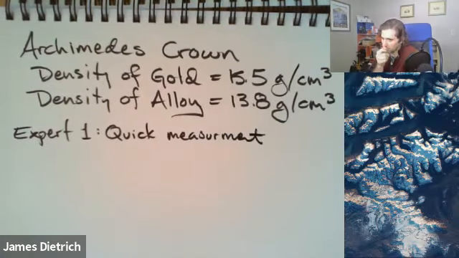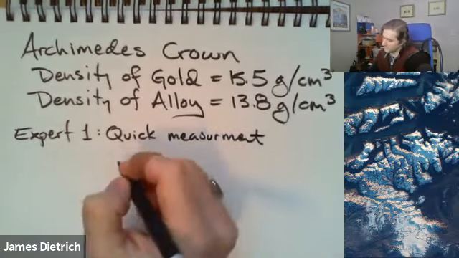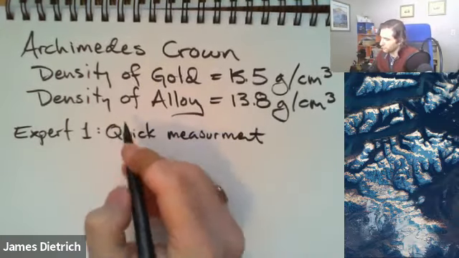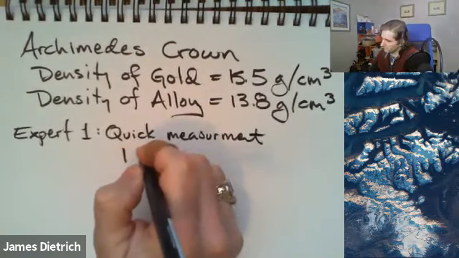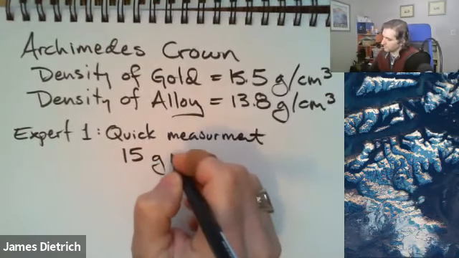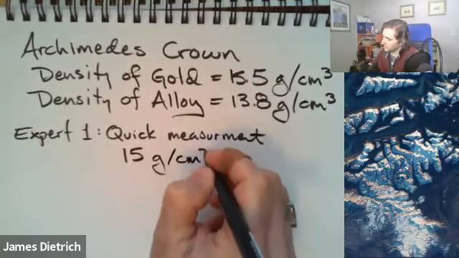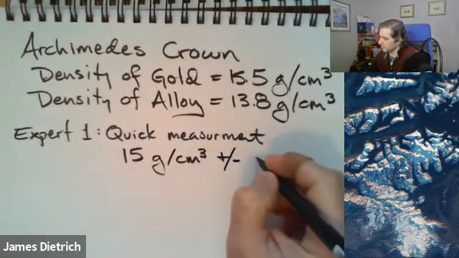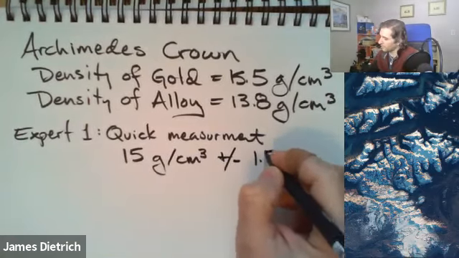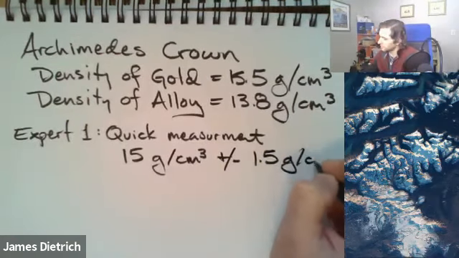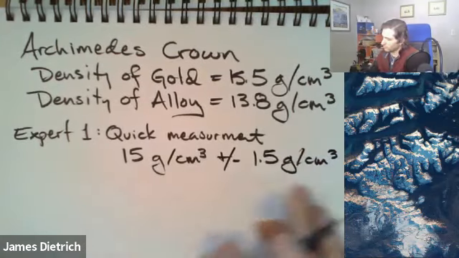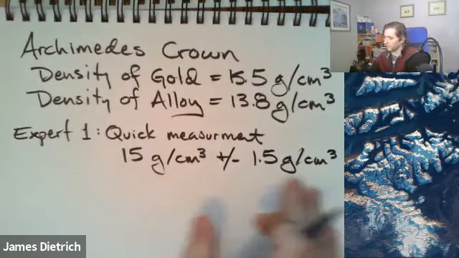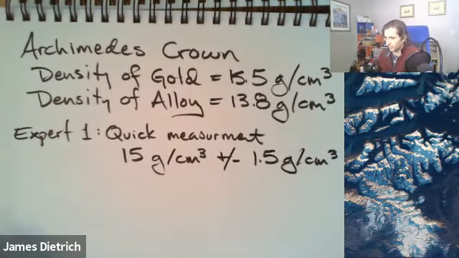I can approximate the density of the metal used in this crown to be 15 grams per cubic centimeter, but the error on my measurement is somewhere around plus or minus 1.5 grams per cubic centimeter. A reasonable measurement, but with a fairly large error because it's a quick measurement.